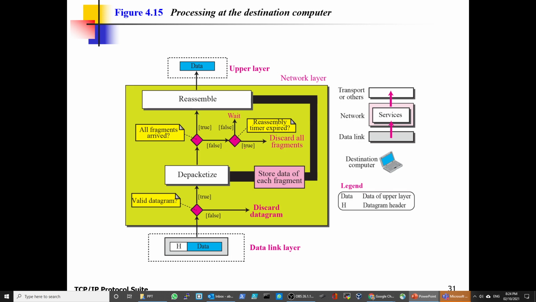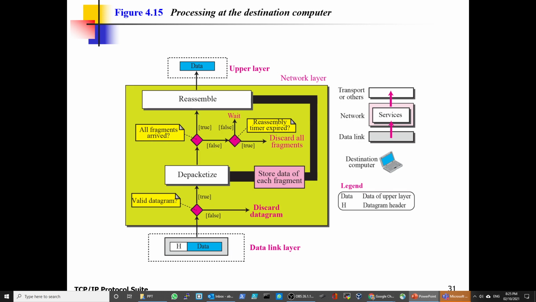Then you go in here, and you check again: reassembly timer expired? So you keep waiting. Let's say that you received packet 1 and packet 2, 3 did not arrive. What are you gonna do now? You are not going to wait forever, right? What you'll do is put a timer, so hopefully the missing packet will come. All fragments arrived?